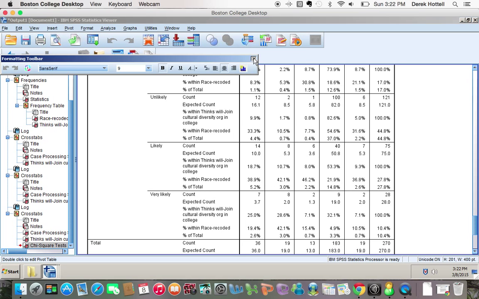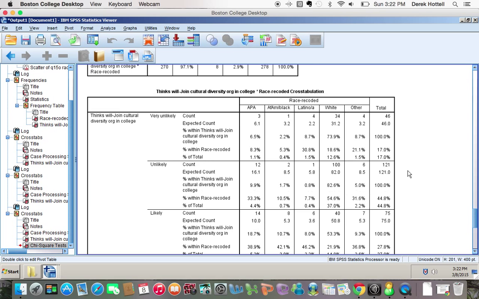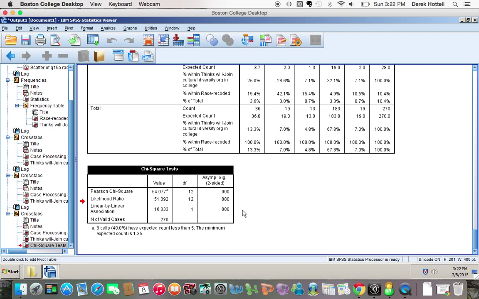And so what we know from this chi-square test is we know that there is a significant relationship between race and whether or not you think you'll join a cultural diversity organization. And really what it tells us is that there's a significant difference between what is observed and what is expected. And we know there is a difference. It is a statistically significant difference.